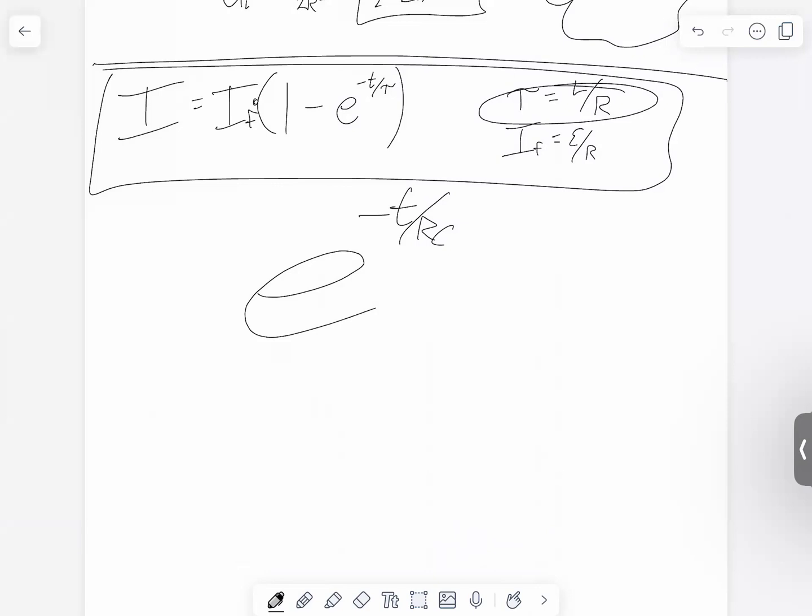So here we've got e to the negative t over L over R, negative RT over L. So L over R is the characteristic time to reach 1 over e of its final current in this case. Whenever you have an e to the negative blah over blah T, the inverse of that blah is the characteristic time.